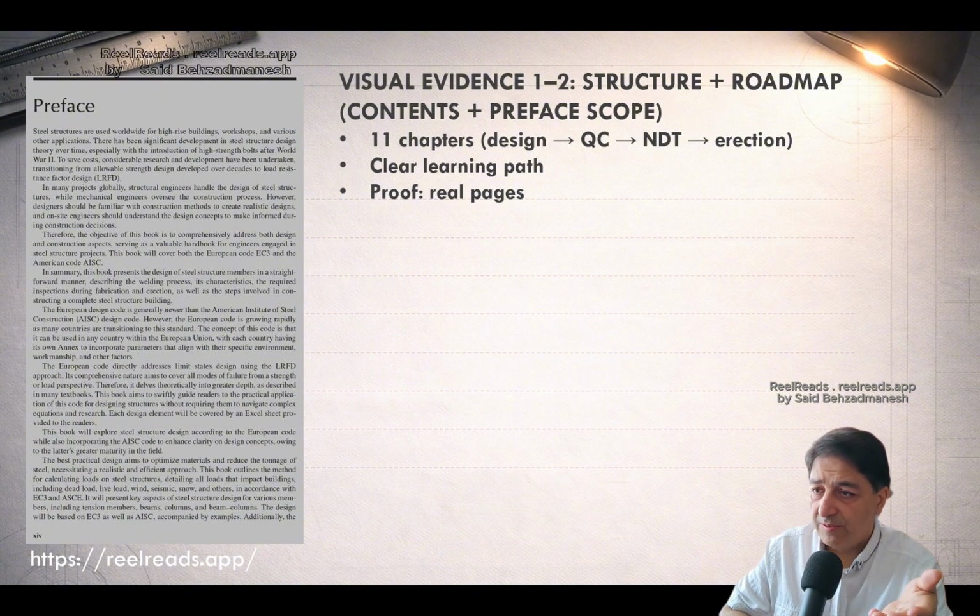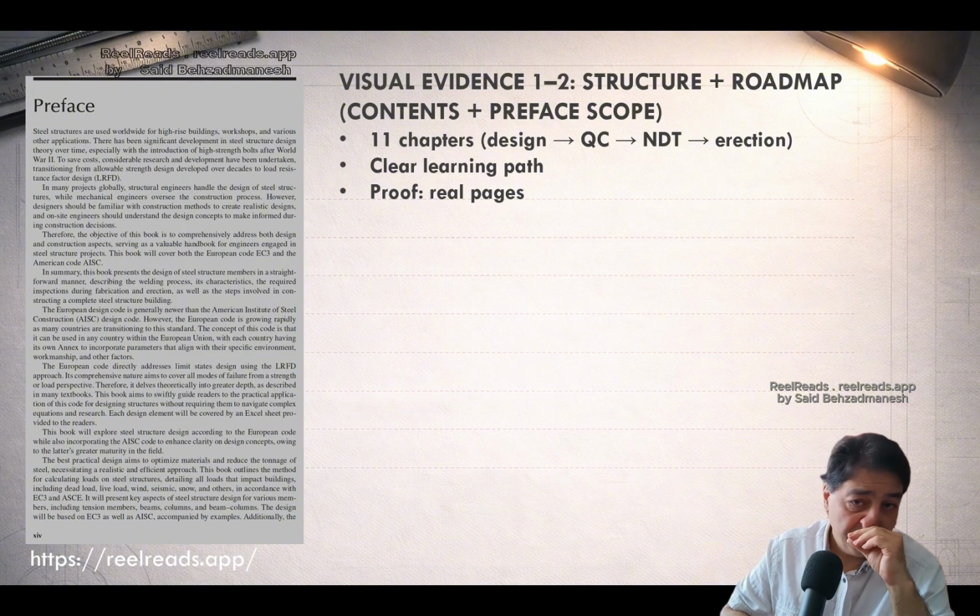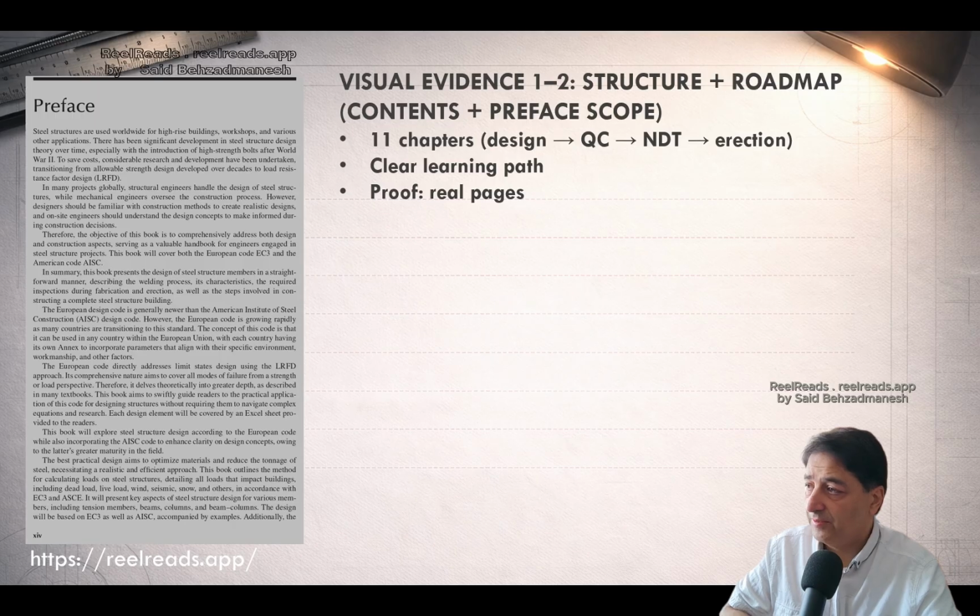This is one of the first visual evidences from the preface to get a feeling about the content. One major benefit of this book is its clear chapter by chapter learning path from concept to delivery. It starts with introduction and loads, then moves through tension, compression, beams and beam columns.